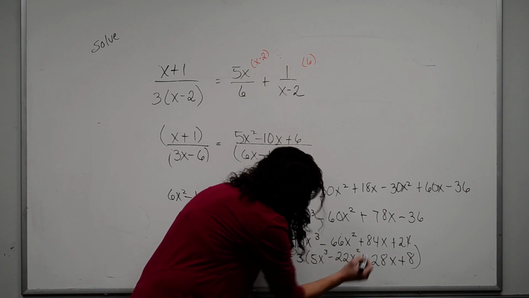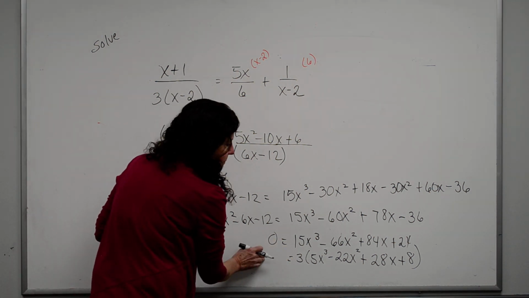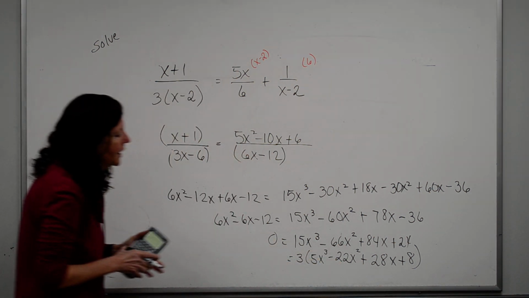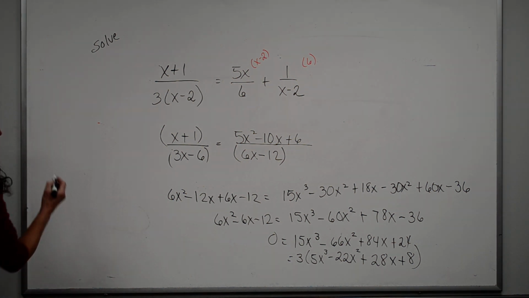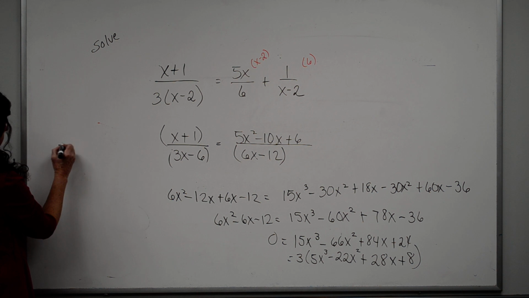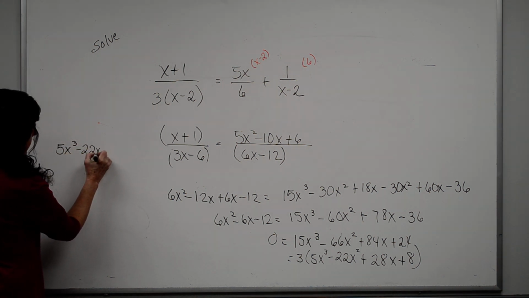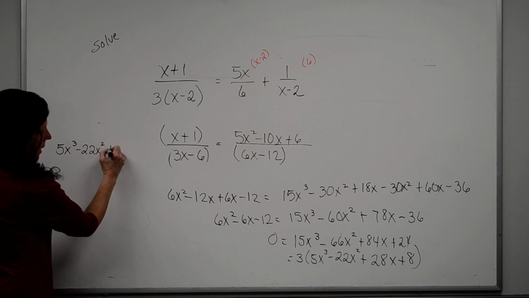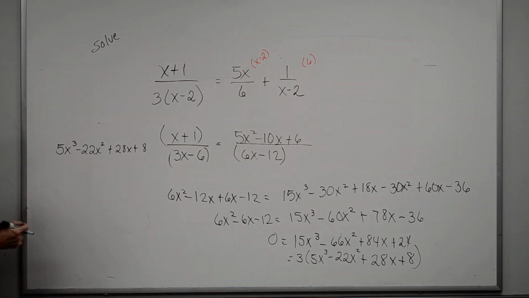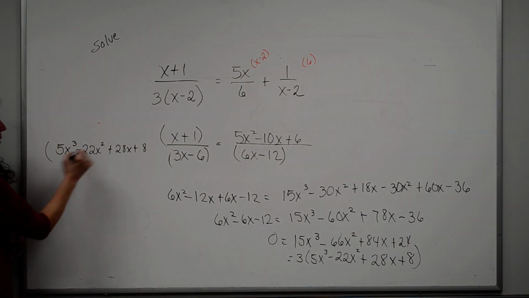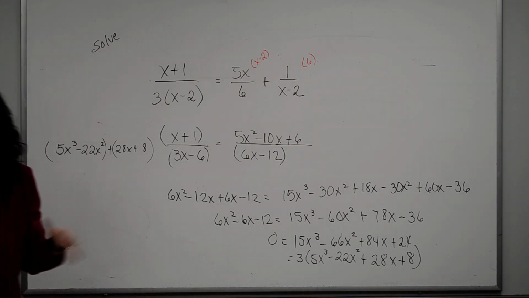And this should be x squared. Okay, so far I've got that. Then I would divide both sides, and I look at that and go, that's a bit of a problem, because I am going to then have a 5x cubed minus a 22x squared plus 28x plus 8. And I'm going to have to then do grouping. Okay? Factor out and solve.